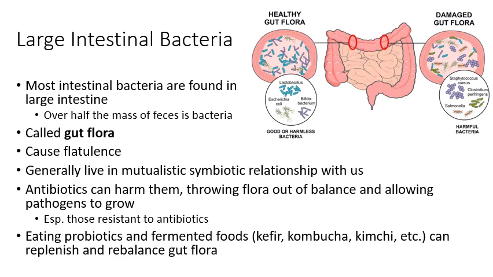One thing you can do to rebalance your gut flora if it's become imbalanced is to eat probiotics and also fermented foods. I guess eating fermented foods would be the more natural way of rebalancing your gut flora.